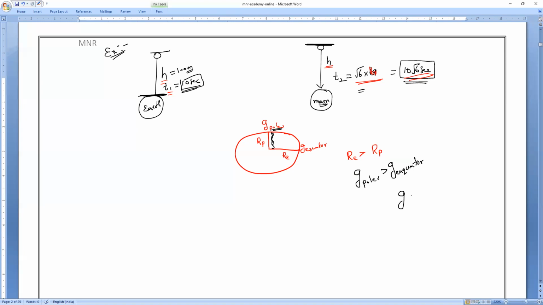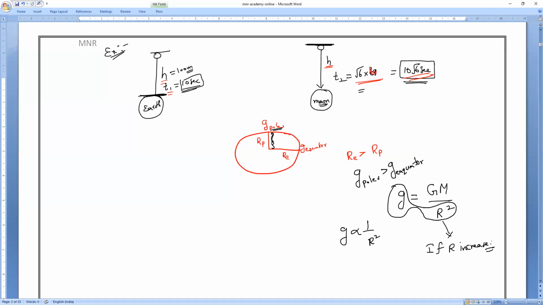Because we all know the formula, capital G into capital M divided by R square. Note it, everybody. If R increases, because it is a denominator, so what is the relationship between g and R? What is the g and R relation? Inversely proportional to the square of the radius.